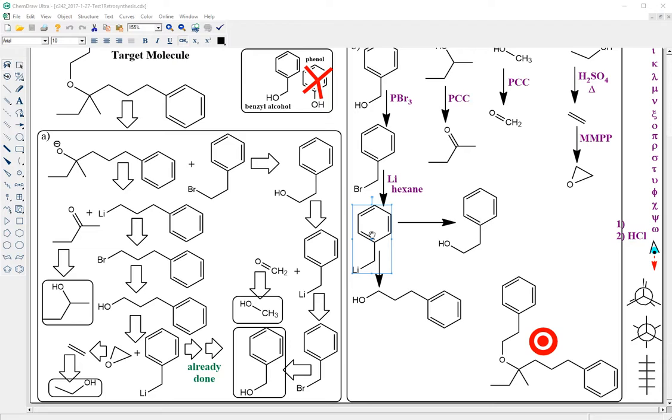We have to convert this species into both this alcohol and this alcohol. This is the one with one more carbon. Step 1 will involve using the formaldehyde we created here, followed by HCl.